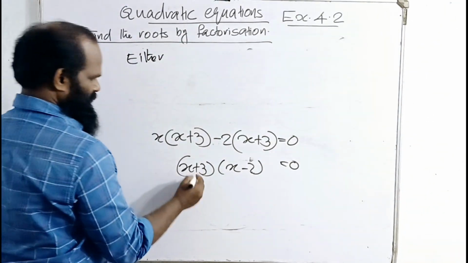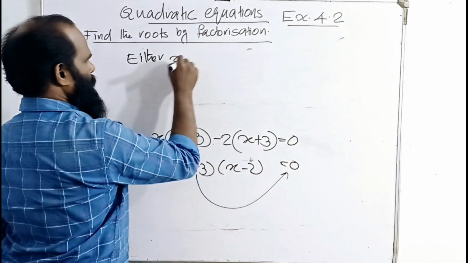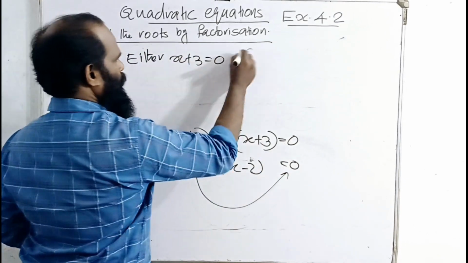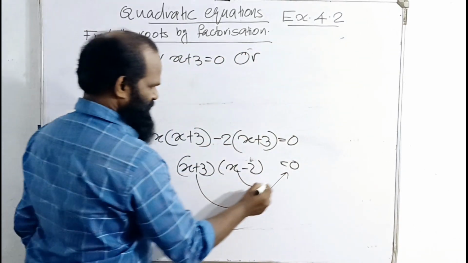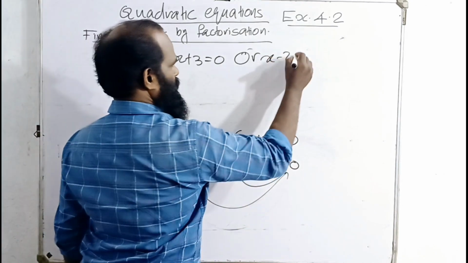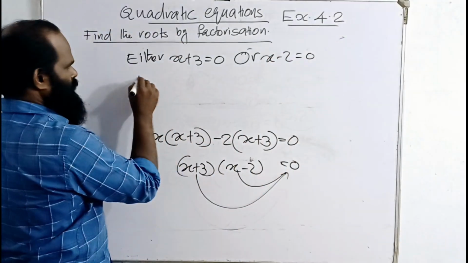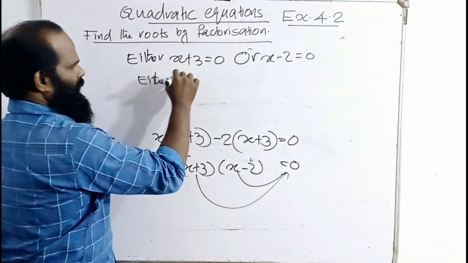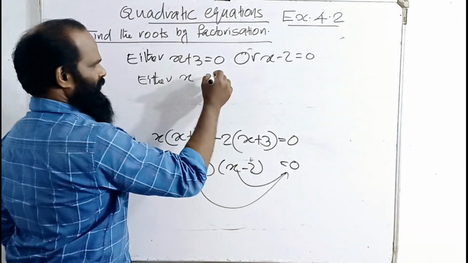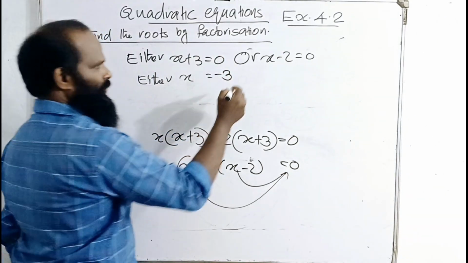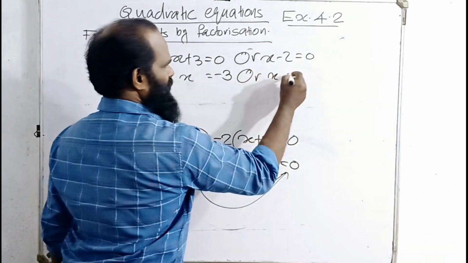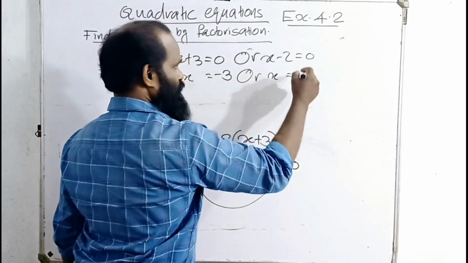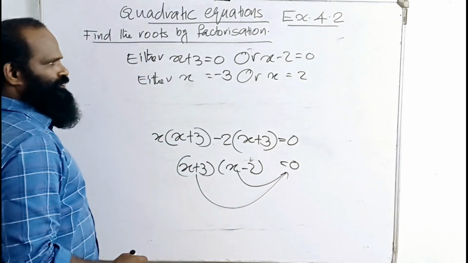Either x plus 3 is equal to 0 or x minus 2 is equal to 0. Either x is equal to positive 3 becomes negative 3, or x is equal to negative 2 becomes positive 2.